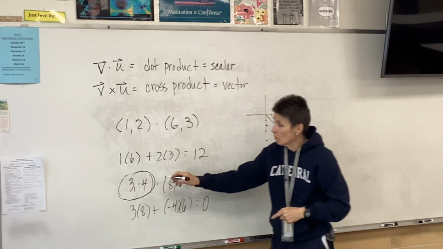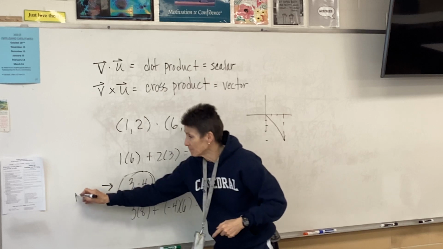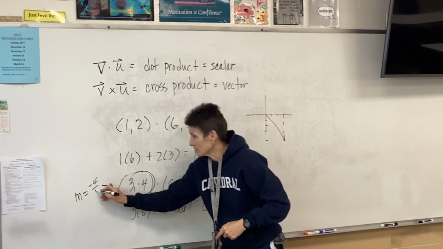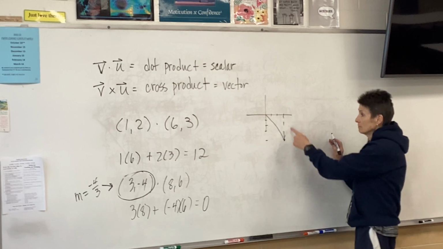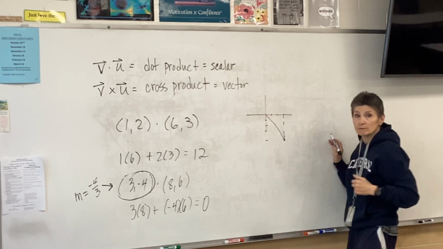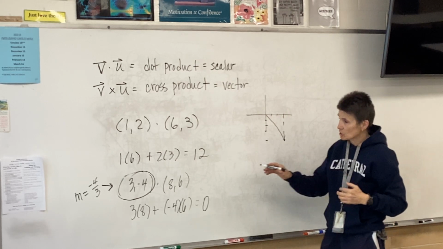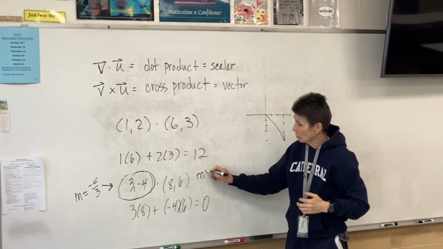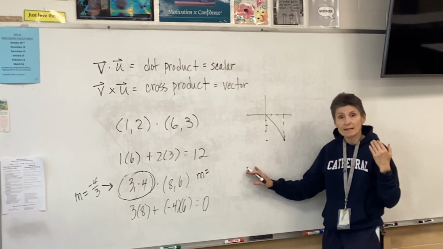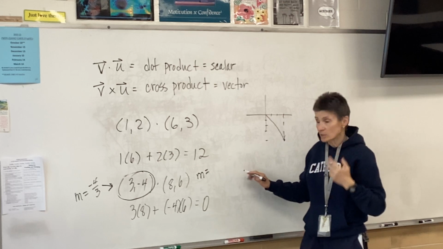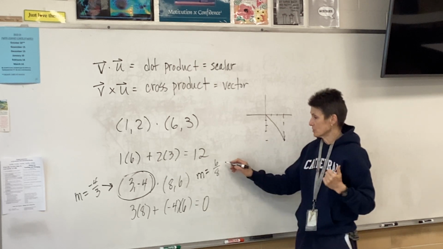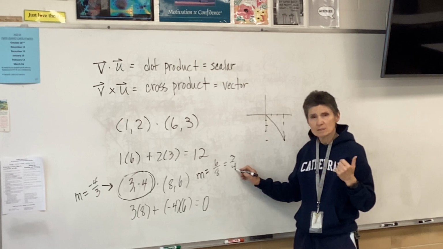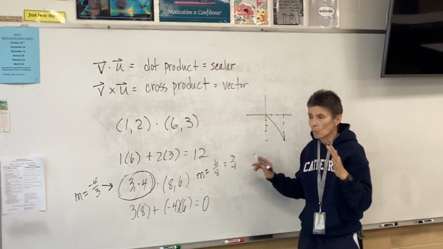So the slope of that vector is -4/3, y over x. Now what about the slope of this one? Well, the slope of this one's going right 8 and up 6. So the slope is 6/8, which reduces to 3/4. So wait a minute.